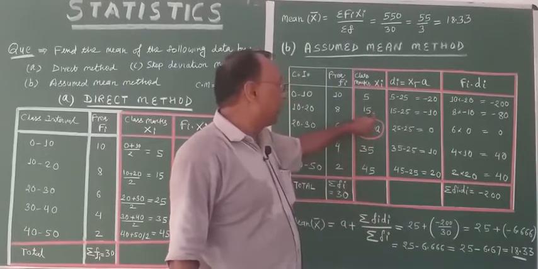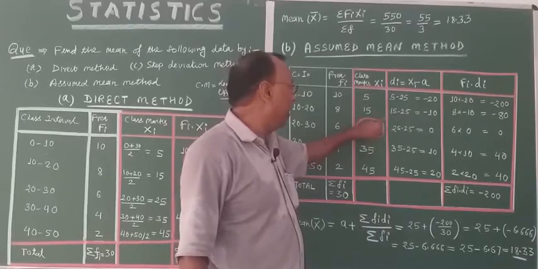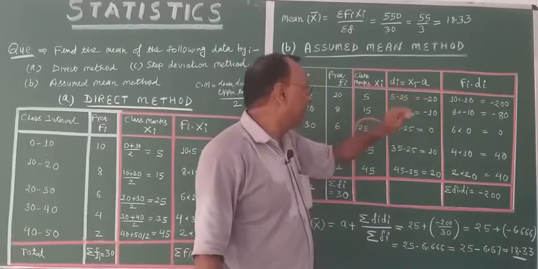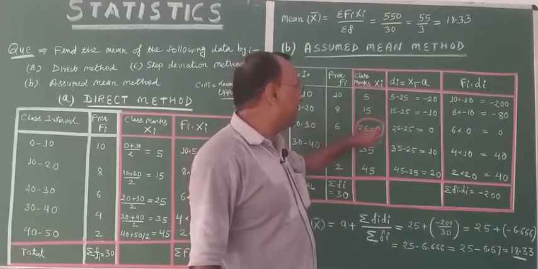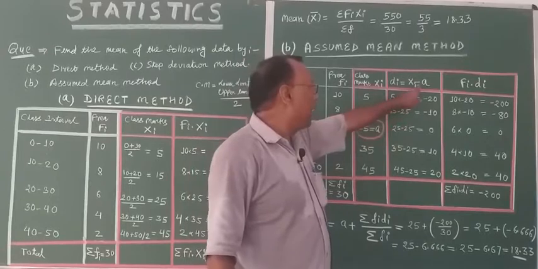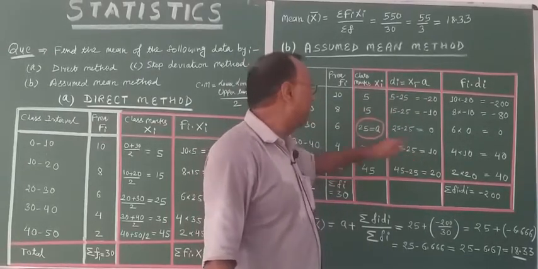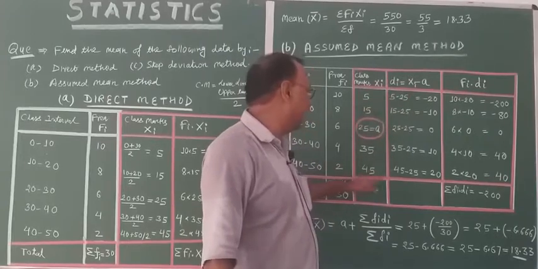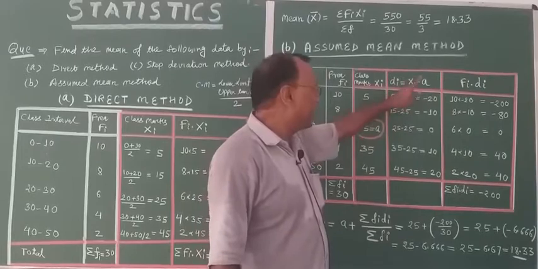Just look here, d2 will be x2 minus a, 15 minus 25, minus 10. d3 means x3 minus a, that is 0. d4, x4 minus a, 35 minus 25, which is 10. d5, x5 minus a, 45 minus this, that is 20.